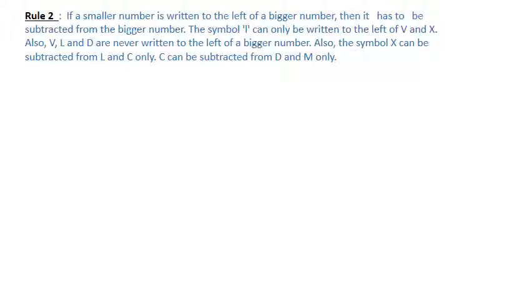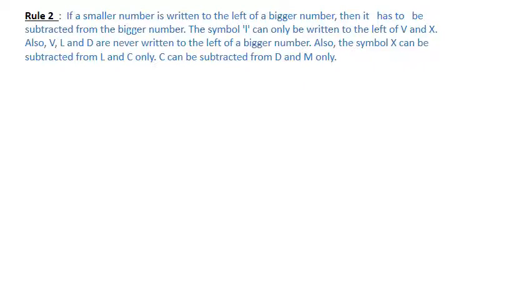The symbol I can only be written to the left of V and X. Also, V, L, D are never written to the left of a bigger number. Also, the symbol X can be subtracted from L and C only, and the C can be subtracted from D and M only.